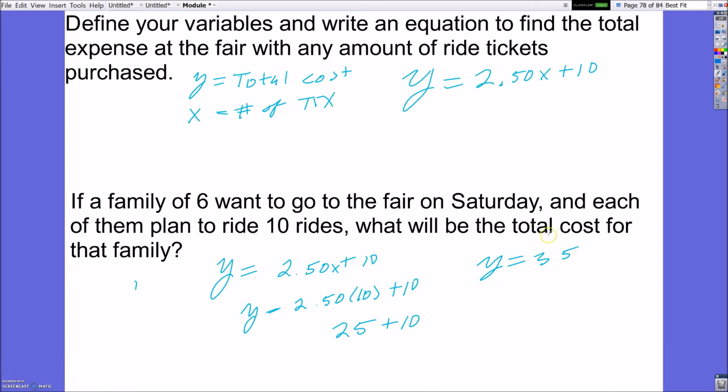Now, this represents one person, but this says a family of 6 wants to go. So if this is the total for one person, we multiply that by 6 to figure out how much it would cost if 6 people went. If you take out your calculators, or do this on a separate sheet of paper, 6 times 35 is 210. That means the total cost for 6 people would be $210 instead of just $35 for one person.